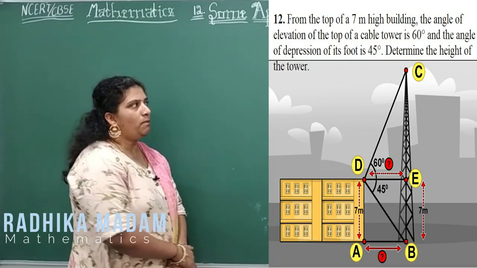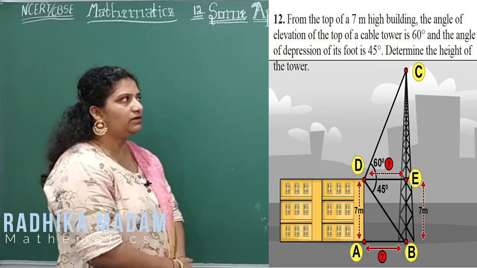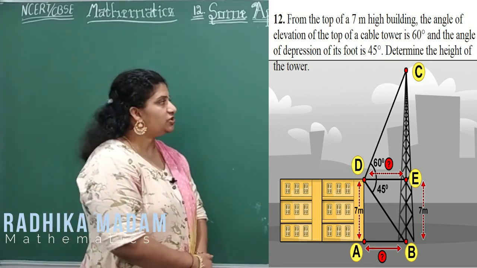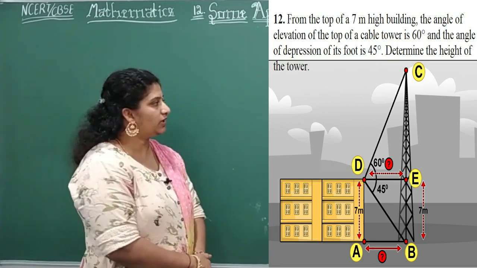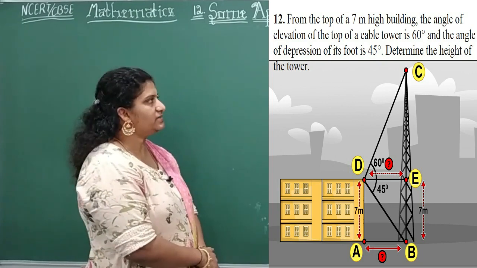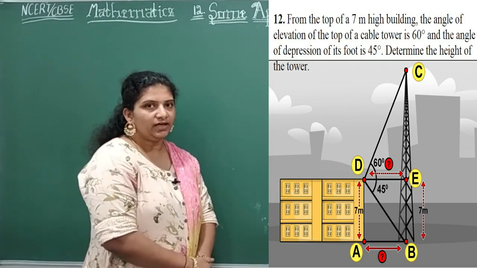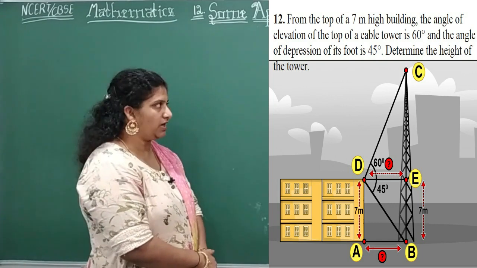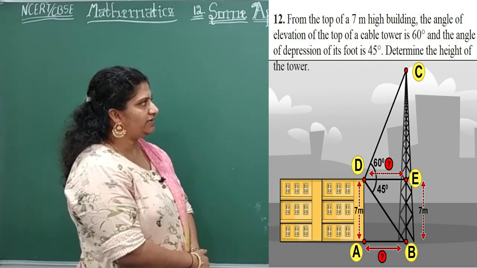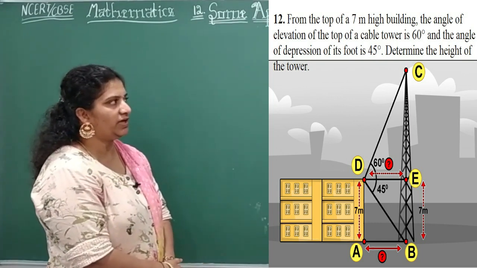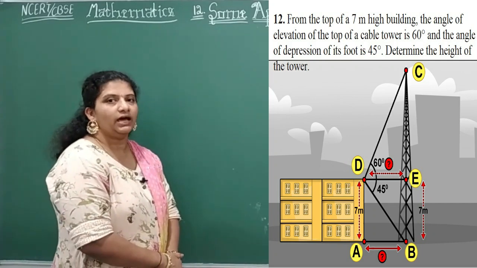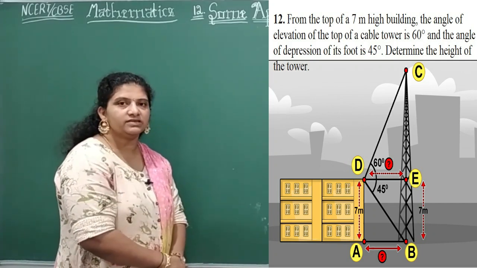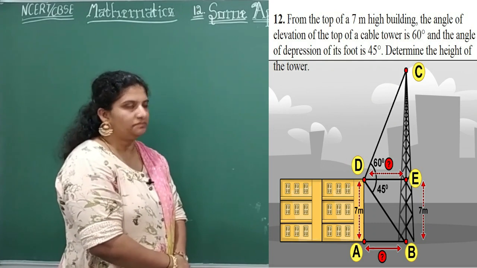From the top of a 7-meter high building. Children, can you see the yellow colored building? Yes, how much height is it? It is 7 meters high. The angle of elevation of the top of a cable tower, and on the other side you can see the cable tower.